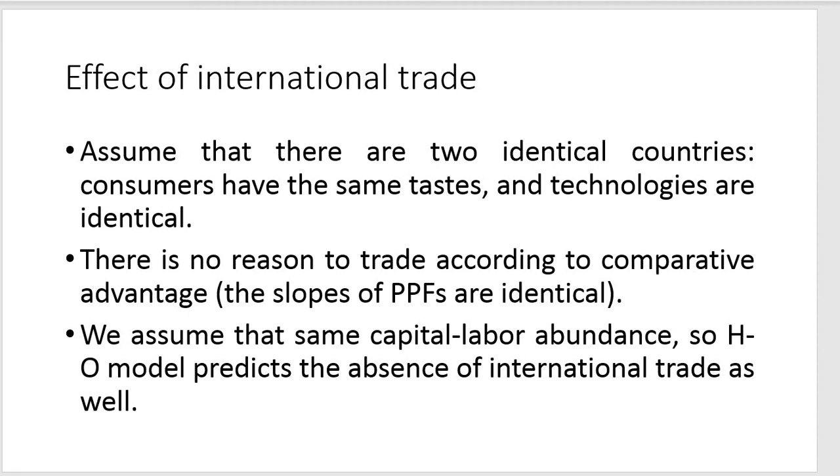So in case production possibilities frontiers have the same shape, and this is the case when technologies are identical, there is no reason to trade according to the Ricardian model. And if we assume that the two countries have the same capital to labor ratio, the Heckscher-Ohlin model will fail to predict or explain any international trade as well.